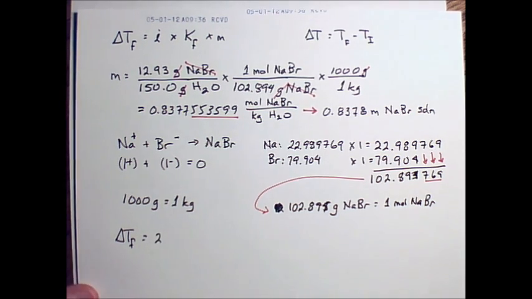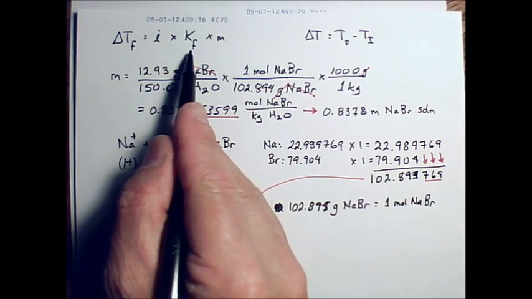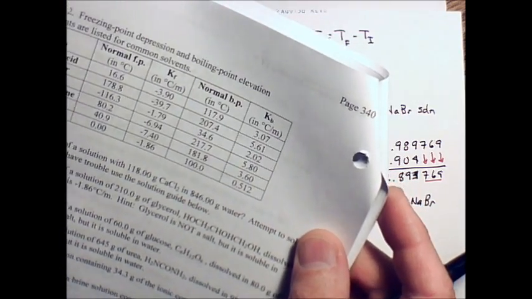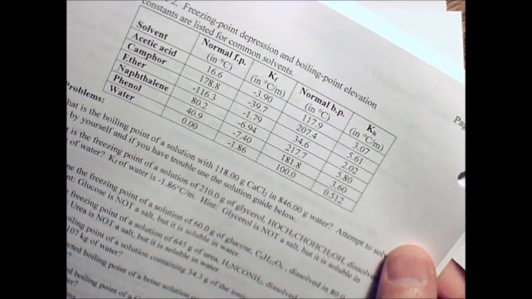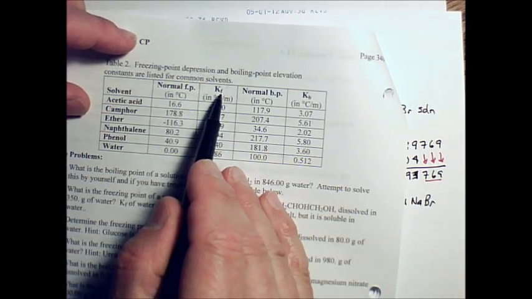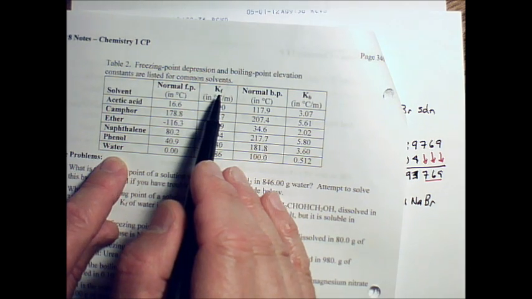The van't Hoff factor is the number of particles that the formula unit breaks up into. The K sub F part of this we get from your references. You have one of these on page 340 of your handout. You need to get that out if you don't have it out. You need to practice with tables that look like this. We're looking for the K sub F that applies to the solvent.